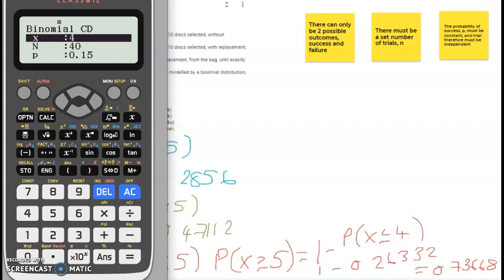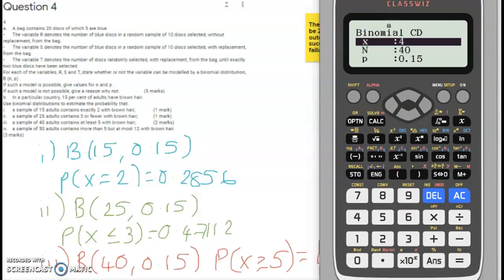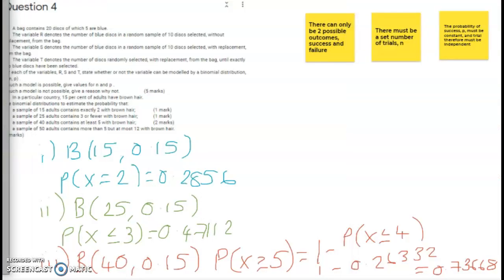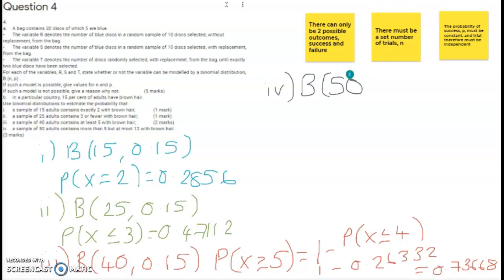So the last one on this part, part 4. A sample of 50 adults this time. So my binomial's changed again. Still looking at people with brown hair, so I'm still keeping with the same p value, 0.15.